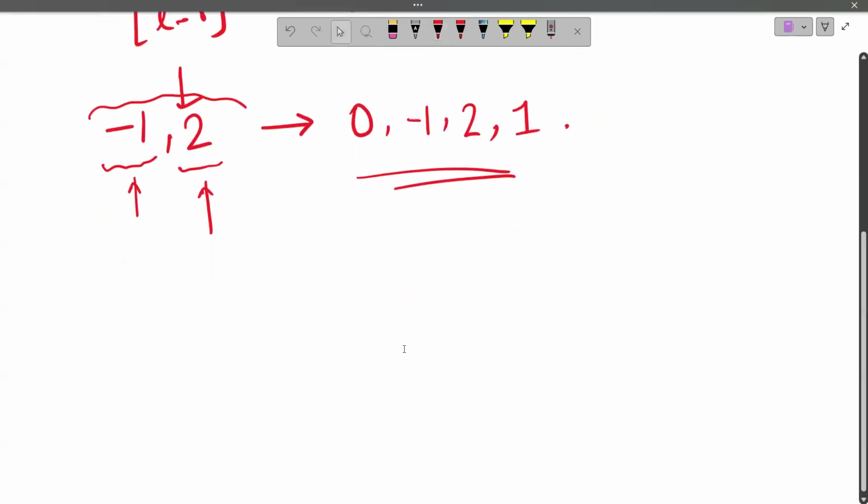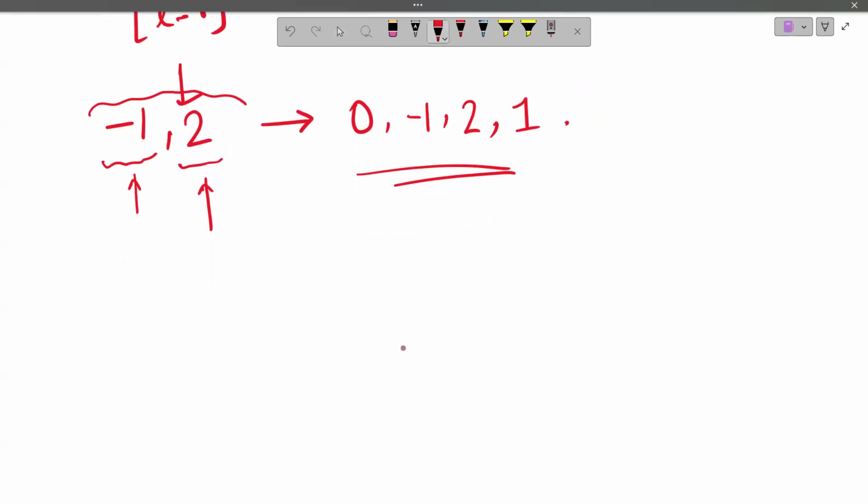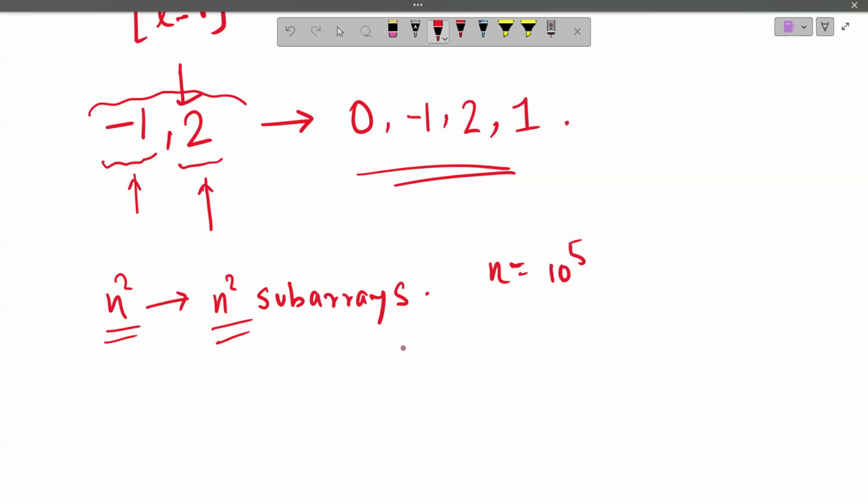Now the problem is, why can't we just brute force? The problem is that there are n square subarrays in an array. So that means there could be n square different sums, right? And if there are n square different sums, then that would give TLE, because the value of n is of the order of 10 to the power 5.